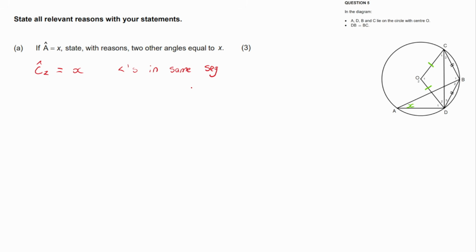So C2 is X. And because I have this isosceles triangle, I know that D3 will be X. So I can say that D3 is equal to X, and the reason there is that we have isosceles triangles.